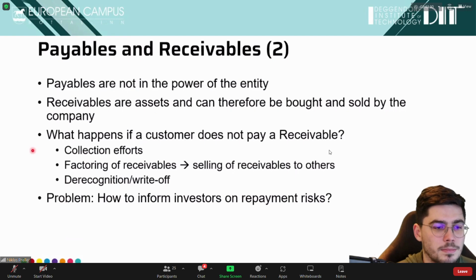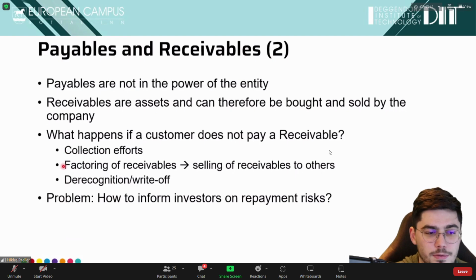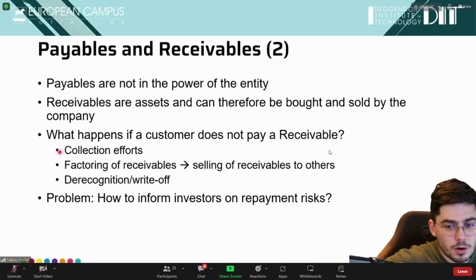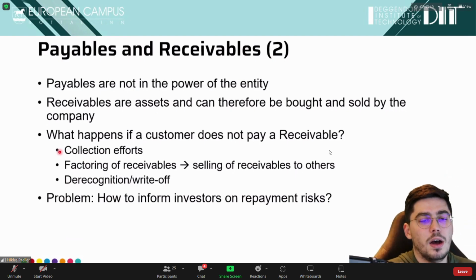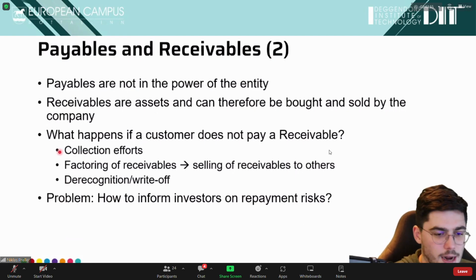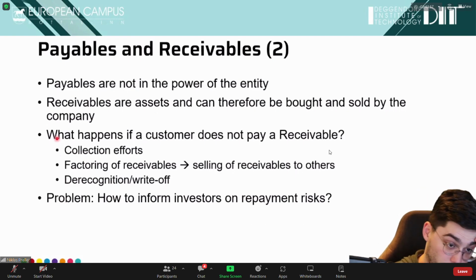for example, at what happens if a customer does not pay a receivable. We have several options for that. We have, on the one hand, collection efforts. We can send an employee to the home or the business of our customer, and then have them ring at the door and ask for a collection.